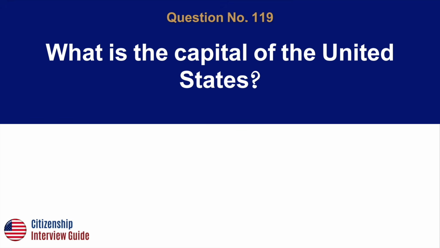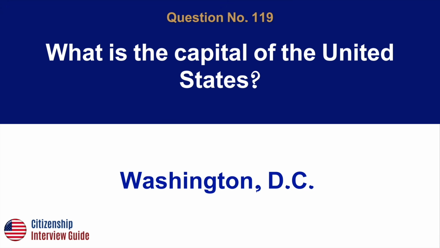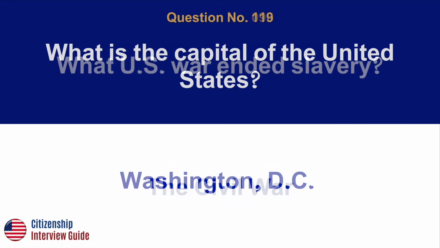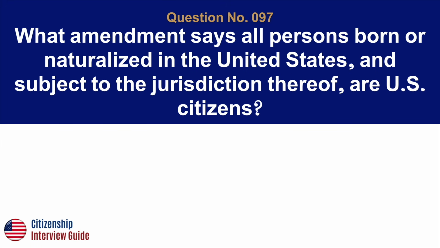What is the capital of the United States? Washington, D.C. What amendment says, all persons born or naturalized in the United States and subject to the jurisdiction thereof are U.S. citizens? 14th Amendment.